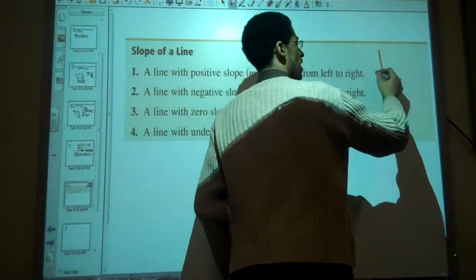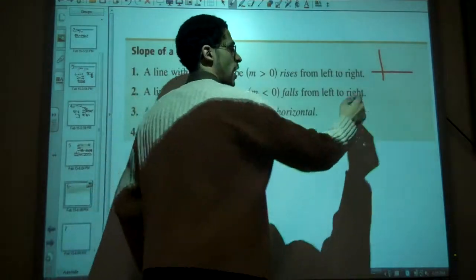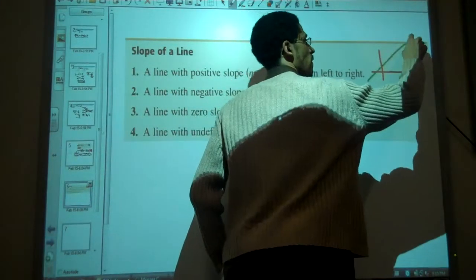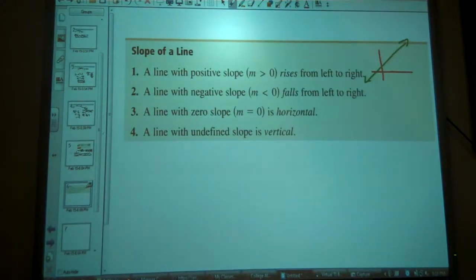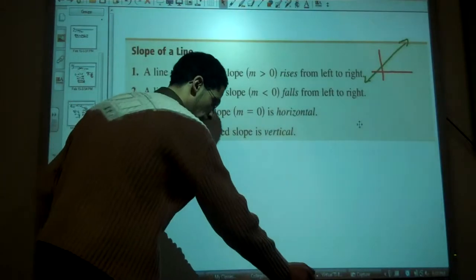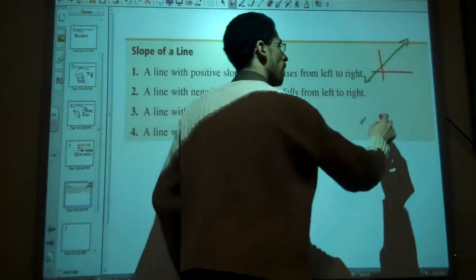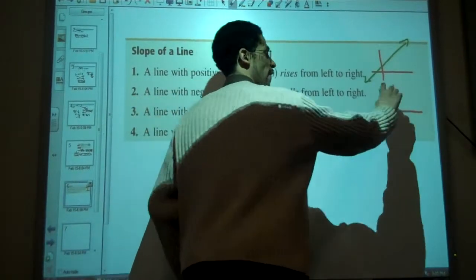So a line that rises from left to right, an example would be like the one we had on our first slide. That's a positive sloping line. A line that falls from left to right, that's a negative sloping line.